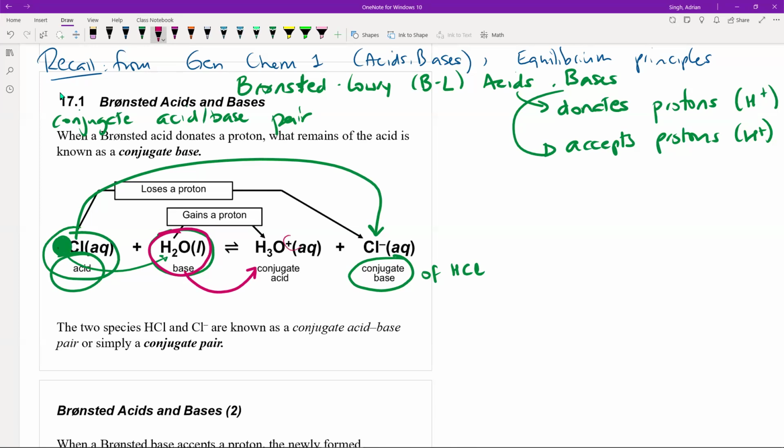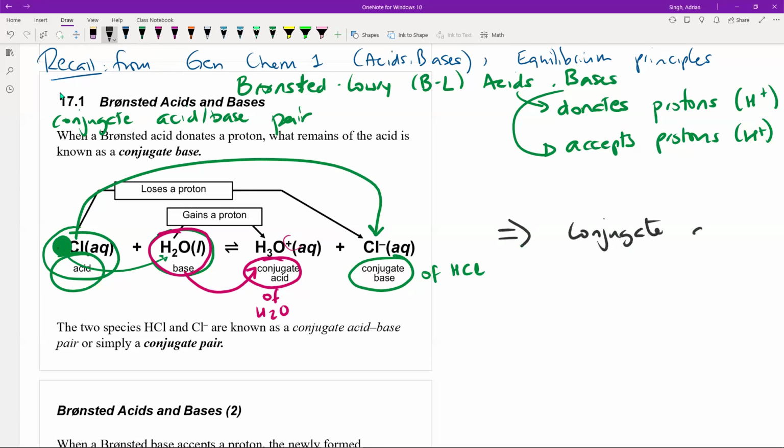So we call this species then the conjugate acid of H2O. Okay, so we have two conjugate acid-base pairs in this reaction. The ones in green, the HCl and the Cl minus, and we have the H2O, H3O plus. That's a conjugate acid-base pair as well.